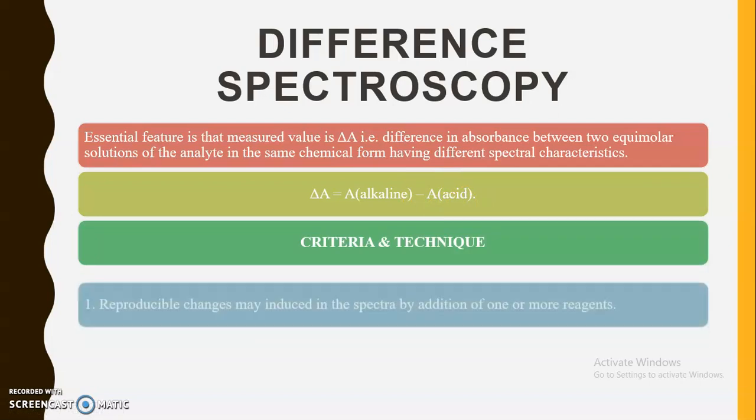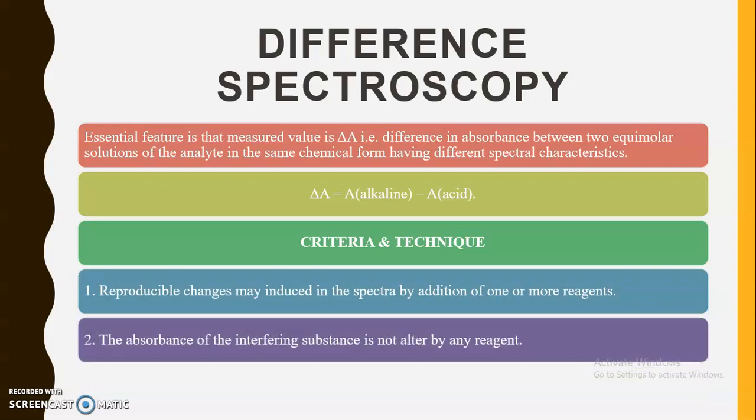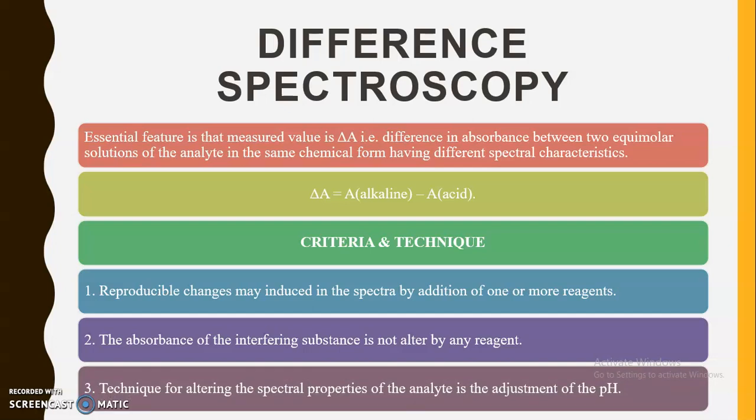Now what are the criteria and techniques that are required? Reproducible changes may be induced in the spectra by addition of one or more reagents. Then the absorbance of the interfering substance is not altered by any reagent, and the technique of altering the spectral properties of the analyte is the adjustment of the pH. That's why this method is considered quite simple.